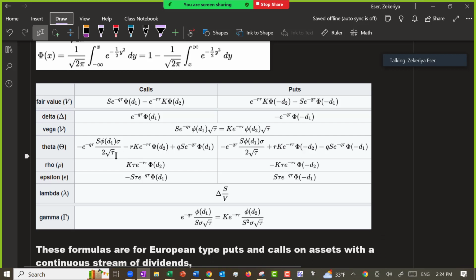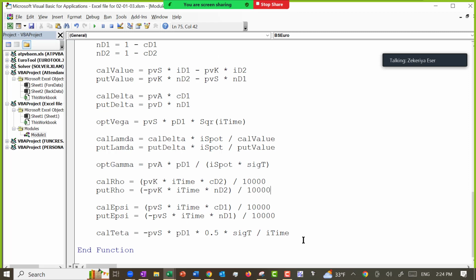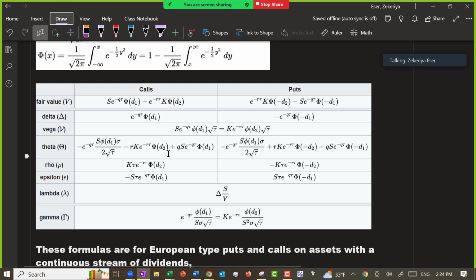Then I'm going to do this PVK, R times PVK, CD2, that's minus. I'll do it in pieces. This helps me checking the code. That's R times PVK CD2.